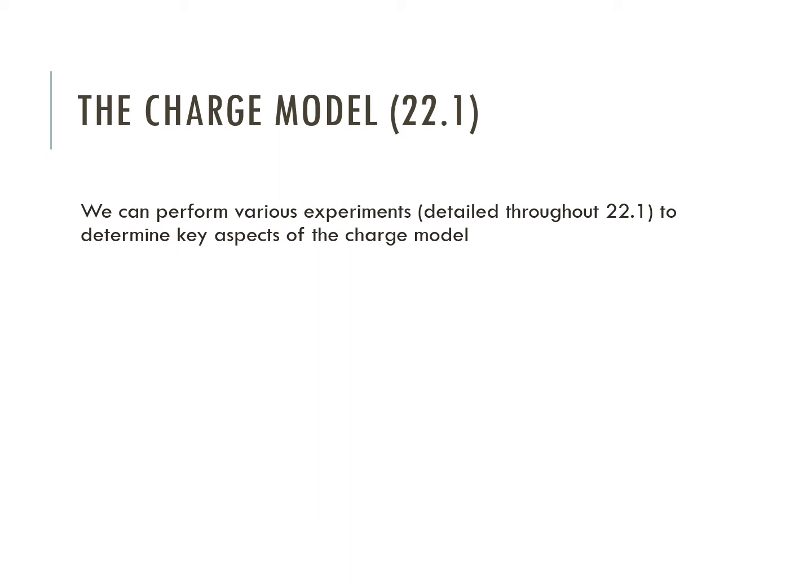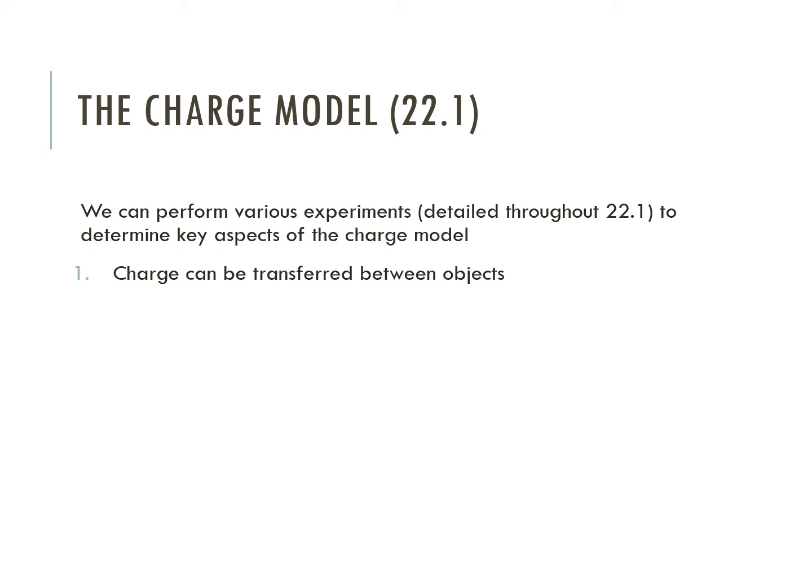That's what we are going to be doing today. The first aspect of the charge model is that charge can be transferred between objects. When we're discussing charge, it is a very particular aspect of charge that is going to be moving. We'll see that in a little bit more detail in a few minutes. But it can be transferred between objects.